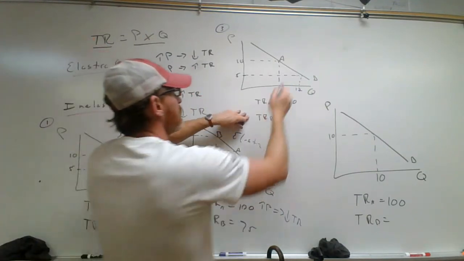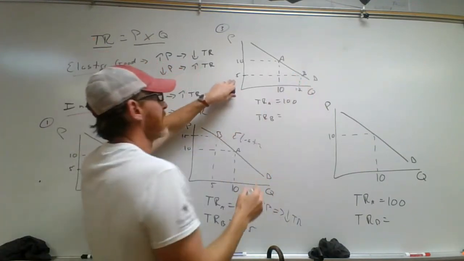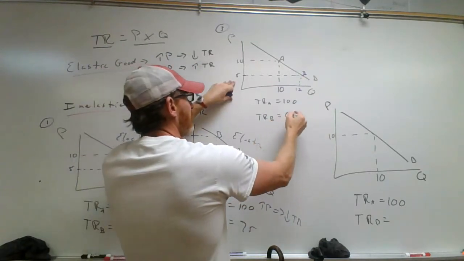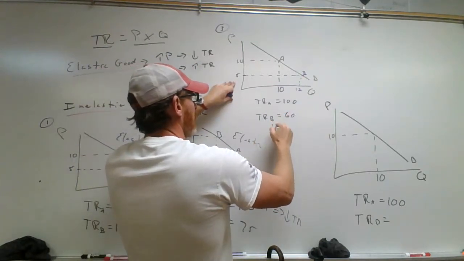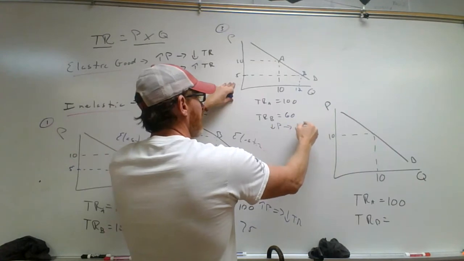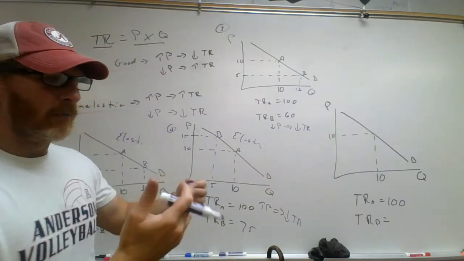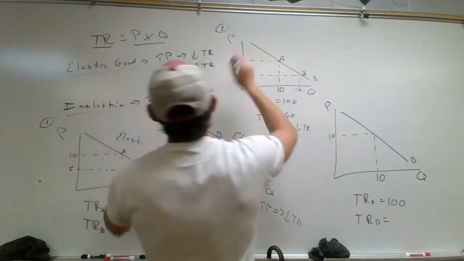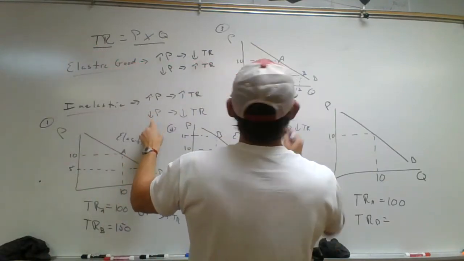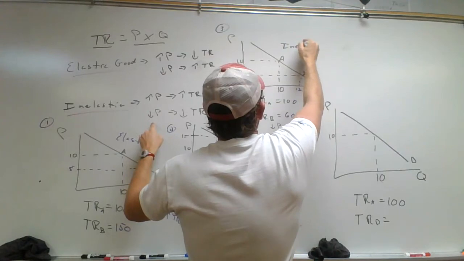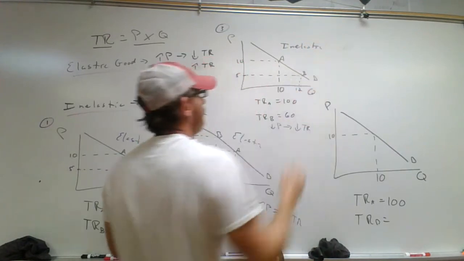So point B is 12 and price of 5, which is a total revenue of 60. So you can see we lowered the price and it led to a decrease in total revenue. Well, if we lower the price and our revenue goes down, then that means it is an inelastic good. So that's what that would look like.